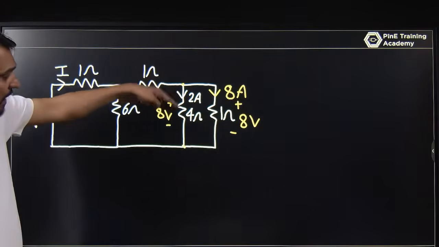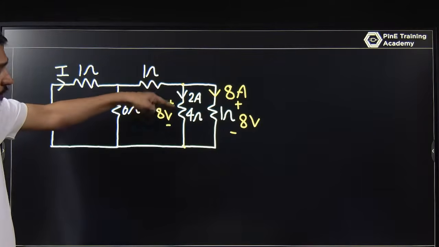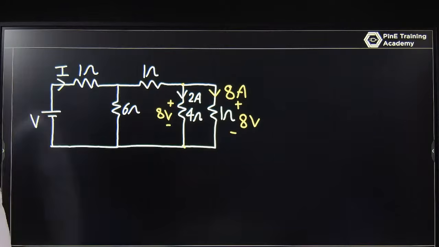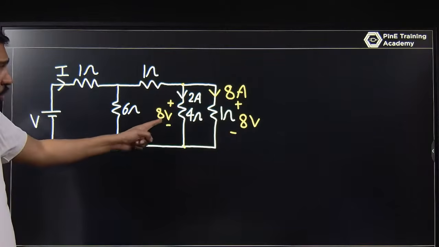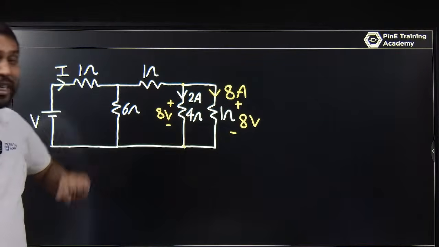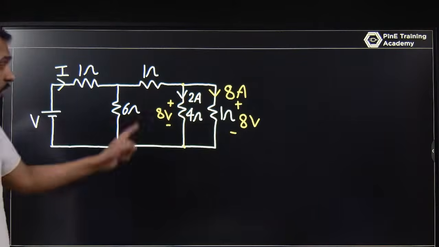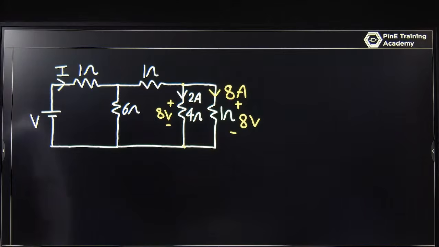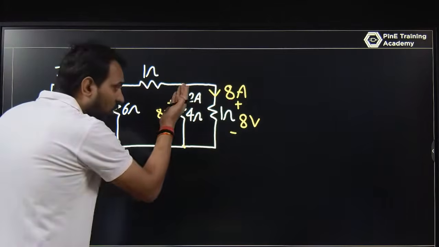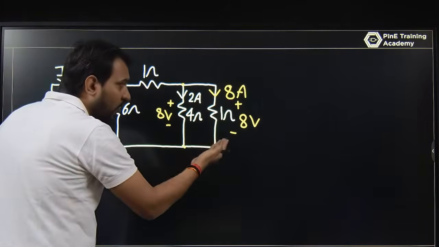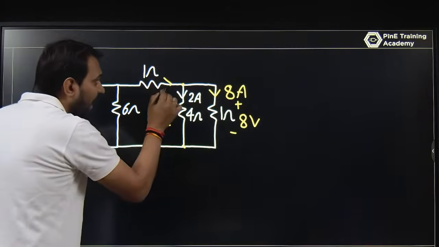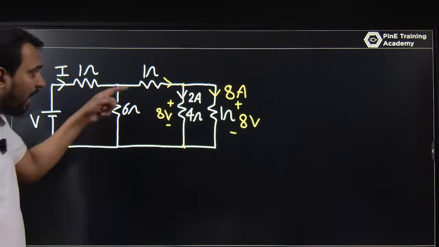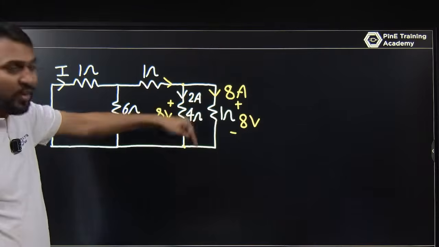2 ampere is given, and by this we can decide the voltage across the 4 ohm. If you know the voltage across this 4 ohm, you can decide the current passing through the 1 ohm, because they are in parallel and in parallel voltage is the same. And if you know the branch currents, you can use basic KCL. The entering current at this node is equal to the leaving current.